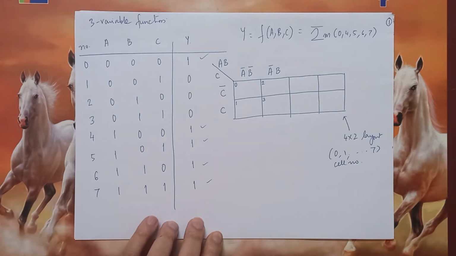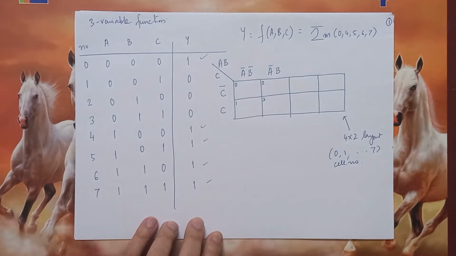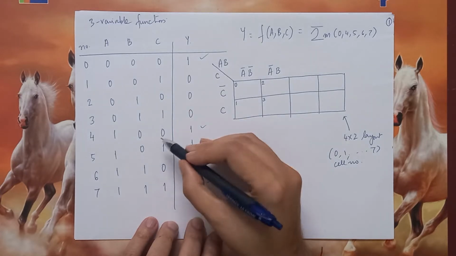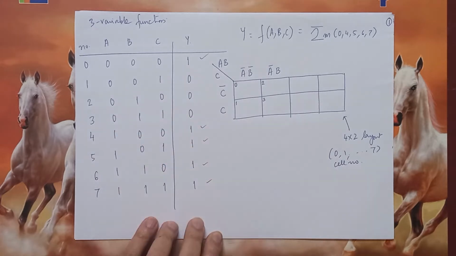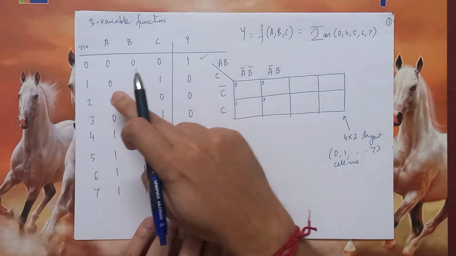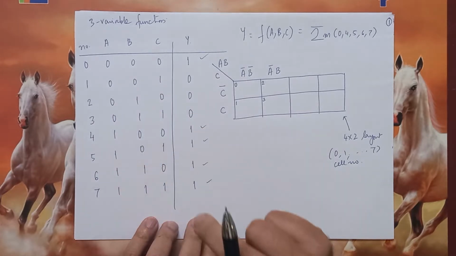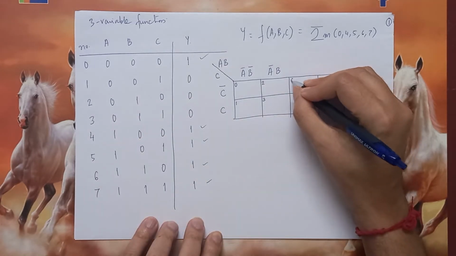So now we need to ask ourselves, after 2, which is the higher number that differs by 1 bit position? Not 4, not 5. 5 differs by 3 bit positions. 6, yes, because 2 is 0, 1, 0, 6 is 1, 1, 0, where only the MSB is different. So this we can number as 6.